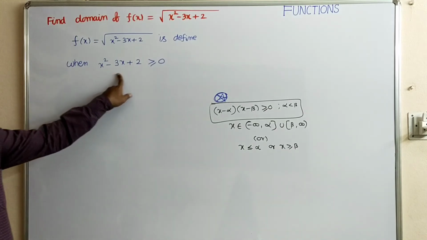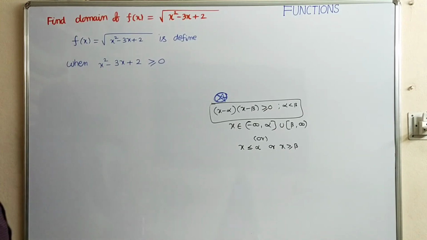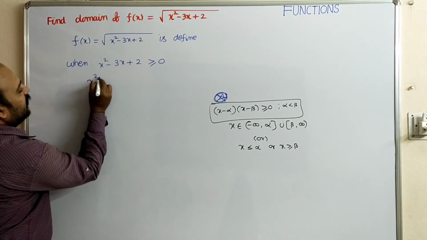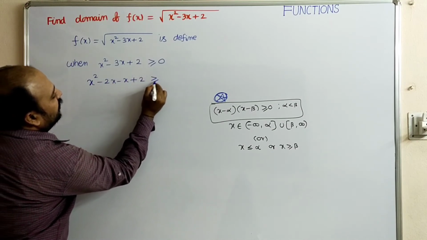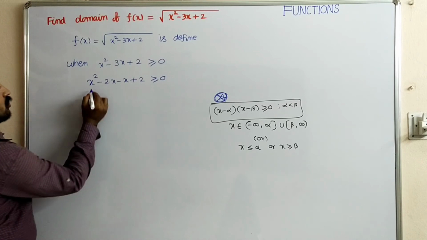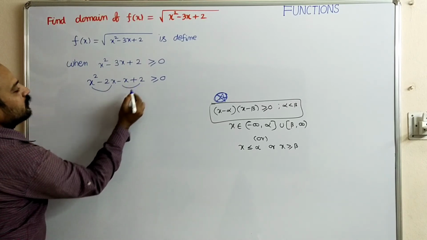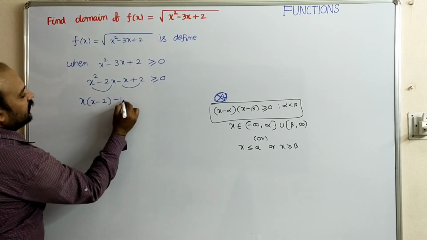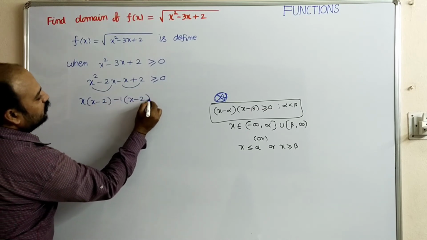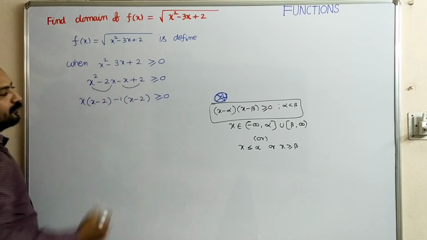You have to do the factorization. So x² − 2x − x + 2 is greater than or equal to 0. From these, x(x − 2) − 1(x − 2) is greater than or equal to 0.